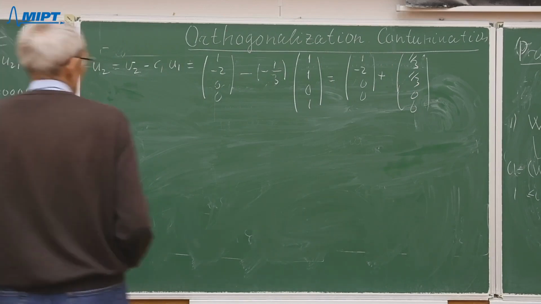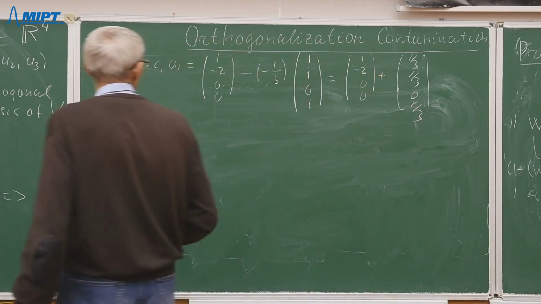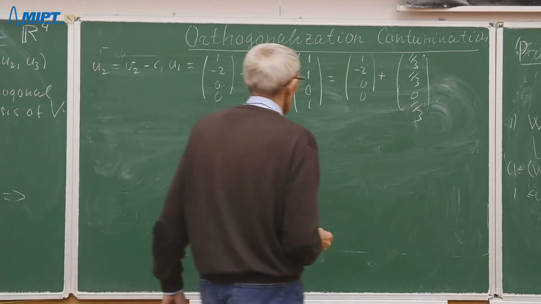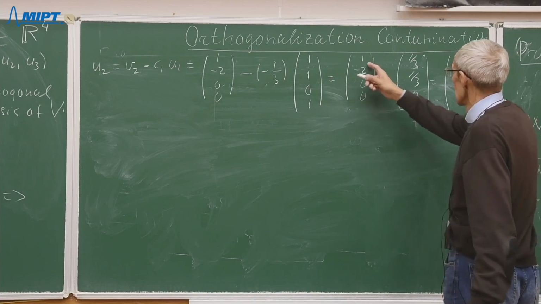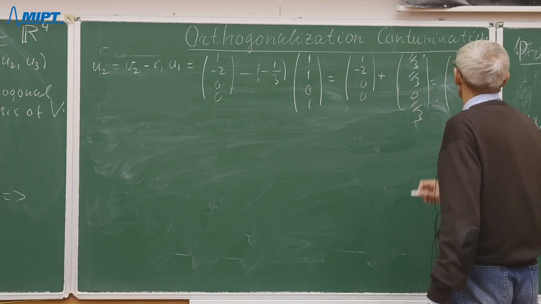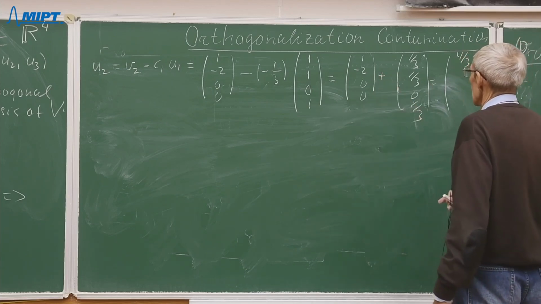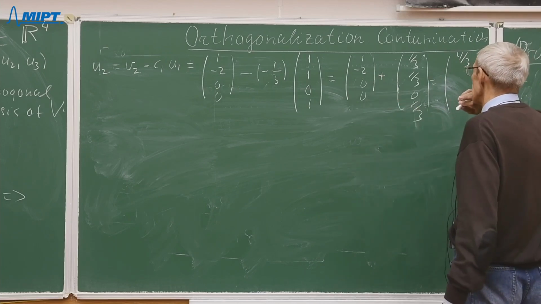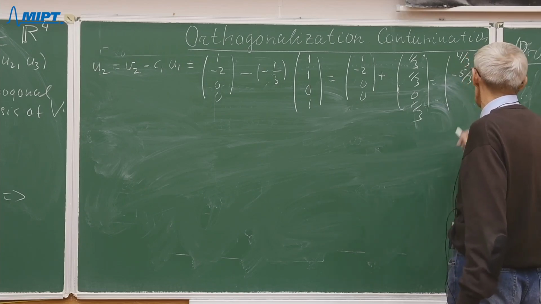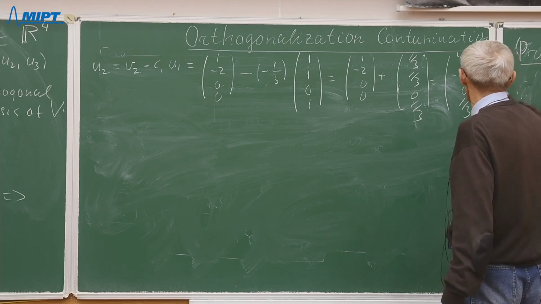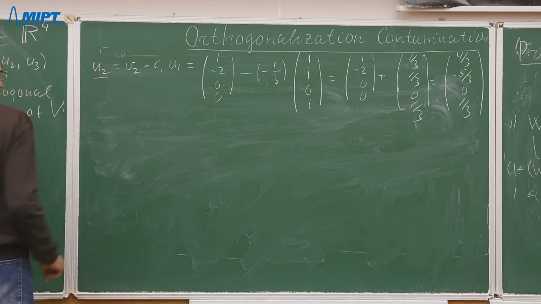And we obtain the following expression: the ratio 4 over 3 for the first coordinate, minus the ratio 5 over 3 for the second, 0, and 1 over 3. We obtain the following coordinates of this vector u2.